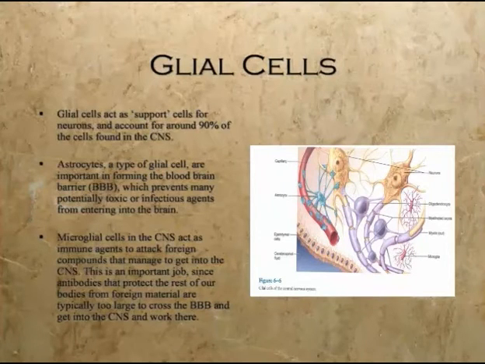Once they do migrate into the central nervous system, the monocytes take on the morphology of the resident microglial cell. Microglial cells are activated in infectious diseases as well, and neurodegenerative diseases, and other types of CNS injury will also activate microglial cells.